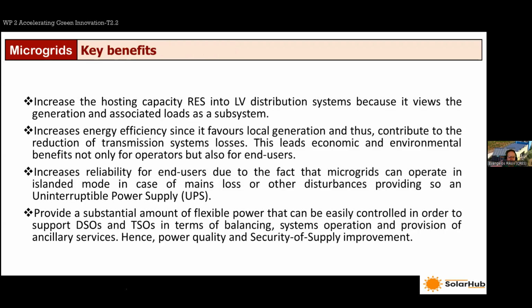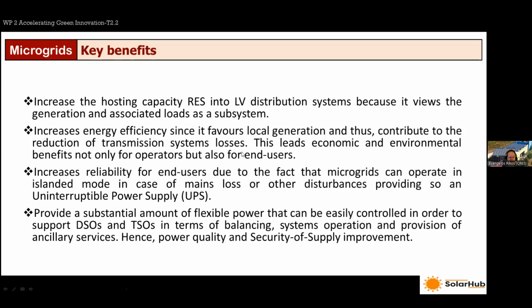Some key benefits regarding the use of microgrids are that, as I said before, they allow the increase of renewable energy into low voltage distribution systems, medium voltage as well, but since we have adopted here the definition of low voltage grid, then we are talking about this.